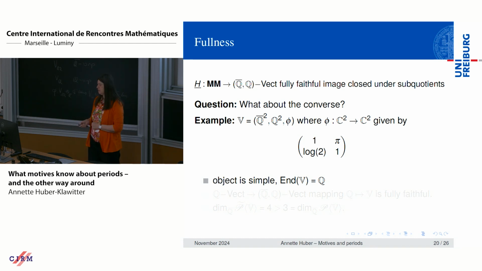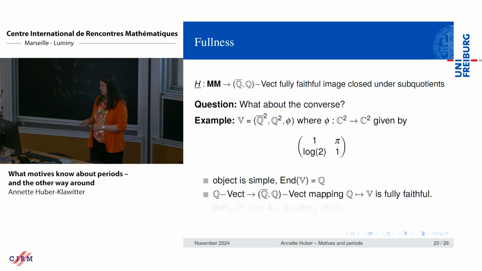Okay, so you check that this object is simple because log 2 and pi and 1 are linearly independent over Q-bar. So use transcendence theory to understand that this is true. And you also compute the endomorphisms of this simple object. And the only ones that you get are the diagonal matrices. It's Q. So there aren't any relations in the category generated by this object. Just the identity and its multiples.